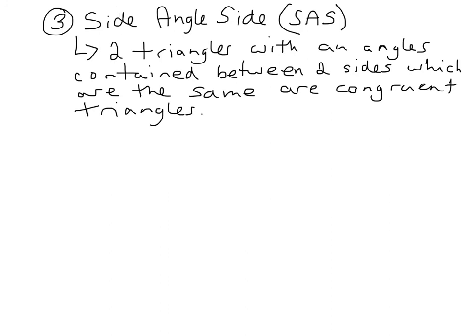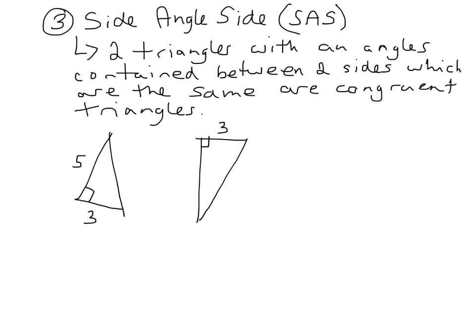So if I draw this triangle and this triangle, and I show, okay, I got a 90-degree corner, I got 5 and a 3, 3, 5. I'm going to give you the fact that this one is 7, just for fun. Okay, so I have two triangles here, triangle 1 and triangle 2.